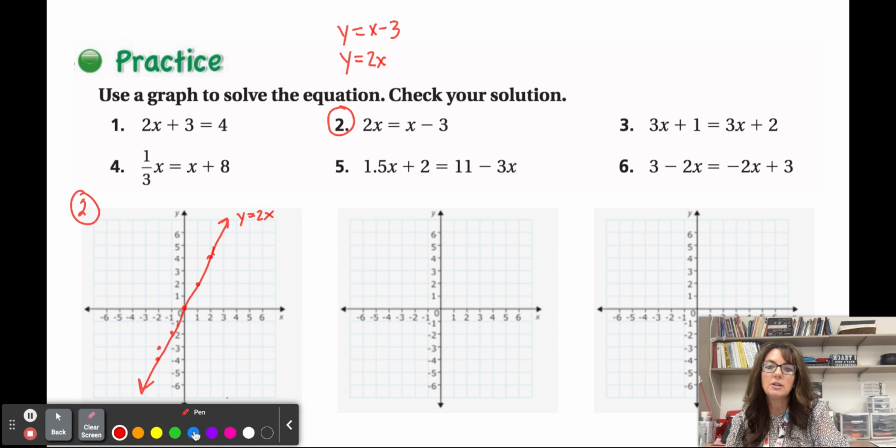Now, I am going to change colors for this one, y equals x minus 3, so you can see it a little better. So I have up 1 over 1. I also have down 1, back 1.